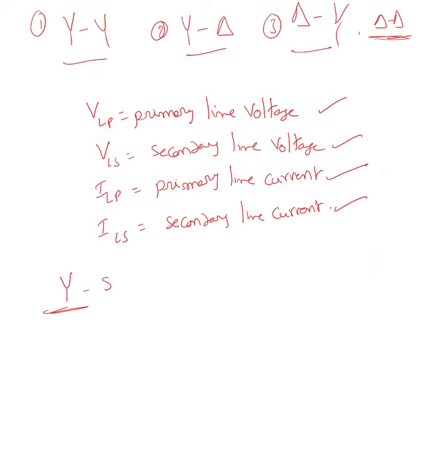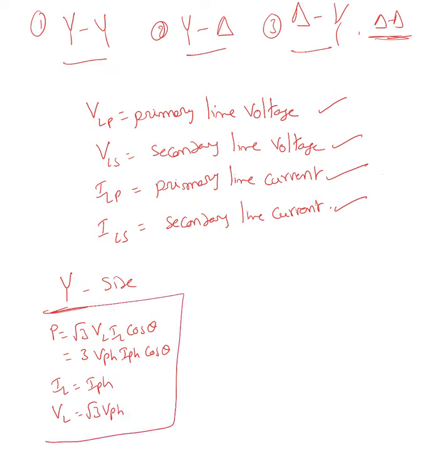On the Y connection, we know that P equals root 3 VL IL cos theta, where cos theta is the power factor and theta is the angle between voltage and current, or 3 times VPH IPH cos theta. We know that for the Y connection, IL equals IPH and VL equals root 3 times VPH. You need to remember these three. We already learned this in three-phase circuits.